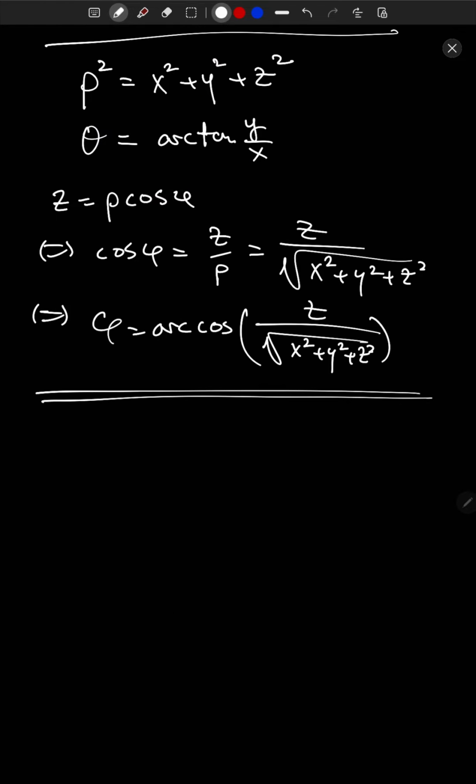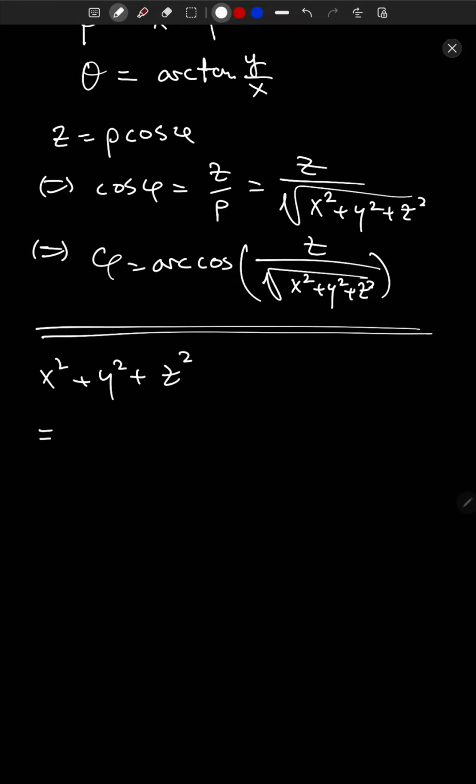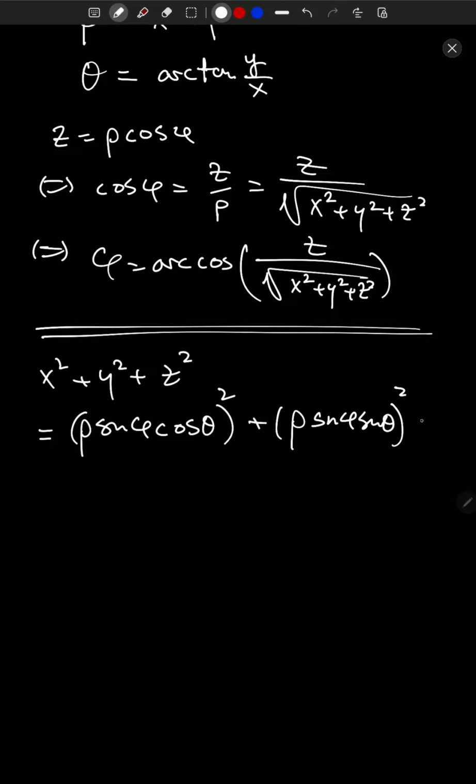So x squared plus y squared plus z squared is equal to, x was rho sine phi cos theta, so this whole thing squared. And then y was rho sine phi sine theta. And then z was rho cos phi.